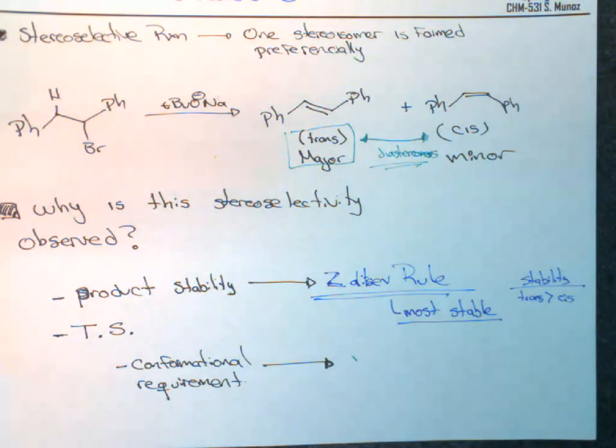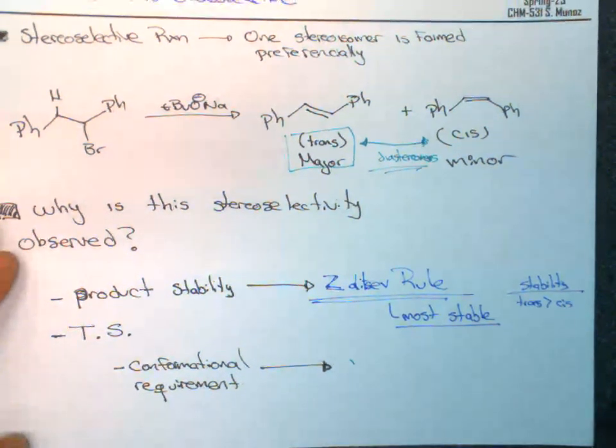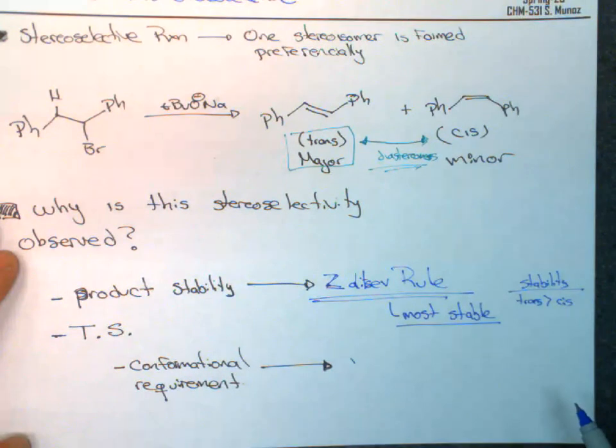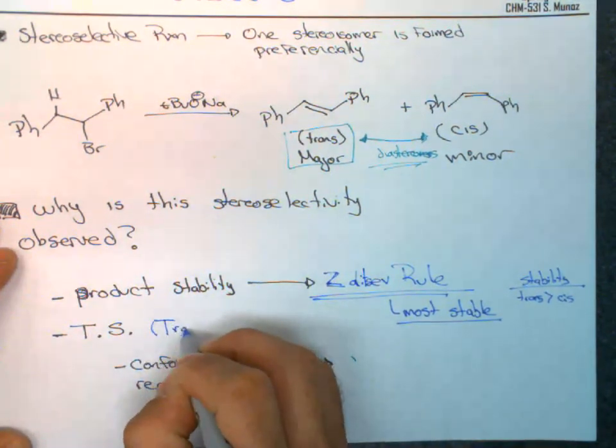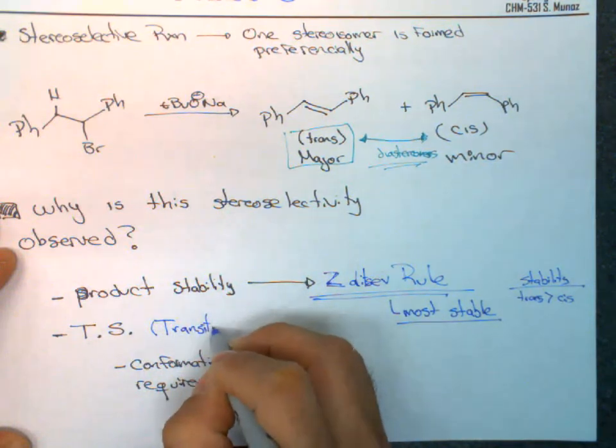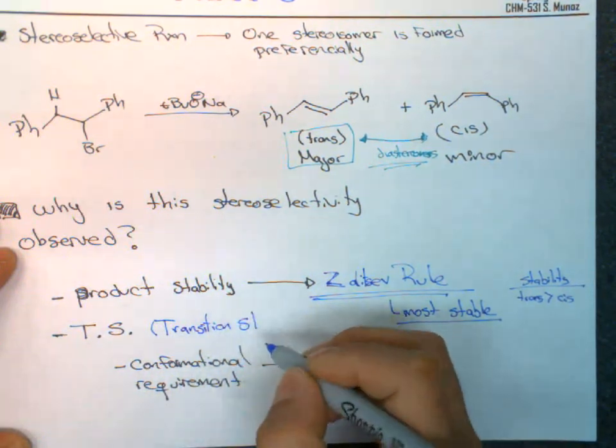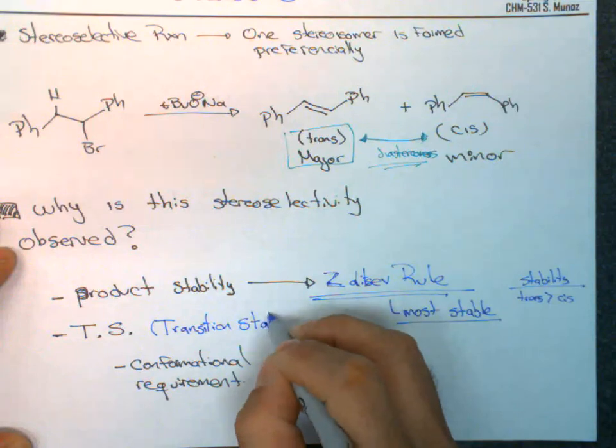If you were to ask me, I would say that probably is a minor factor that contributes to this observed stereoselectivity in the E2 elimination. In my opinion, and in the opinion of most organic chemists, the reason why the E2 reaction is stereoselective has to do with the transition state, and in particular, with transition state stability.